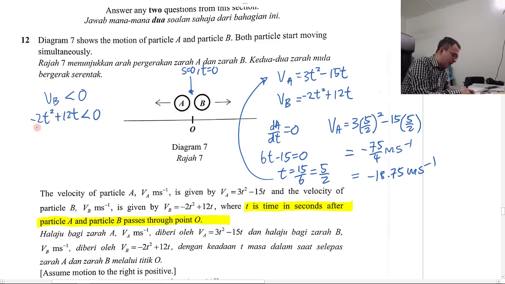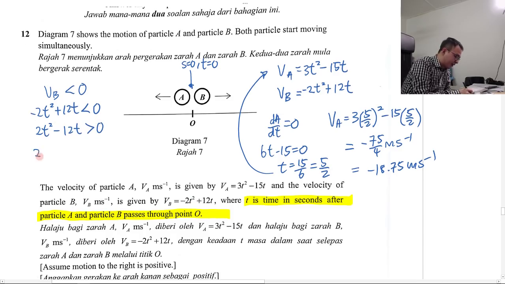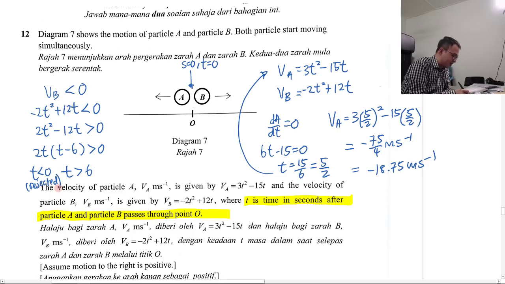I multiply by negative, so this changes to bigger than 0. Then I factorize out 2t: t minus 6 bigger than 0. So t must be bigger than 6 or t must be less than 0. But t less than 0, I definitely reject, because time cannot be less than 0. So the only range is t bigger than 6.